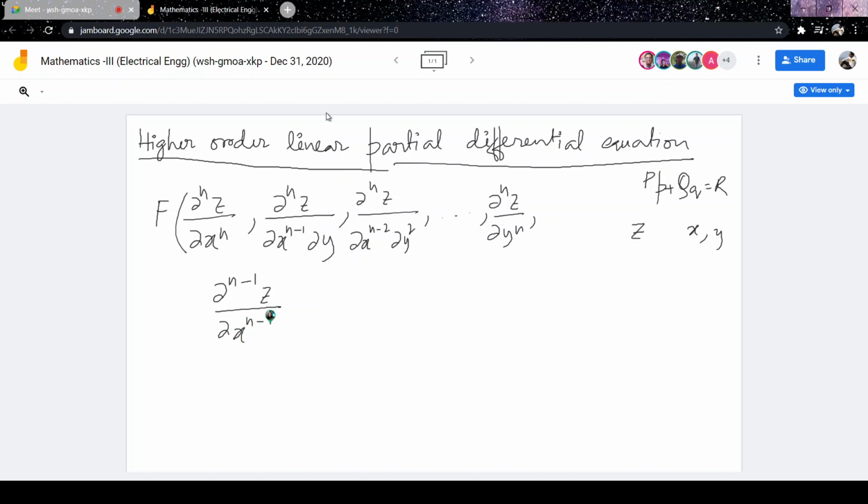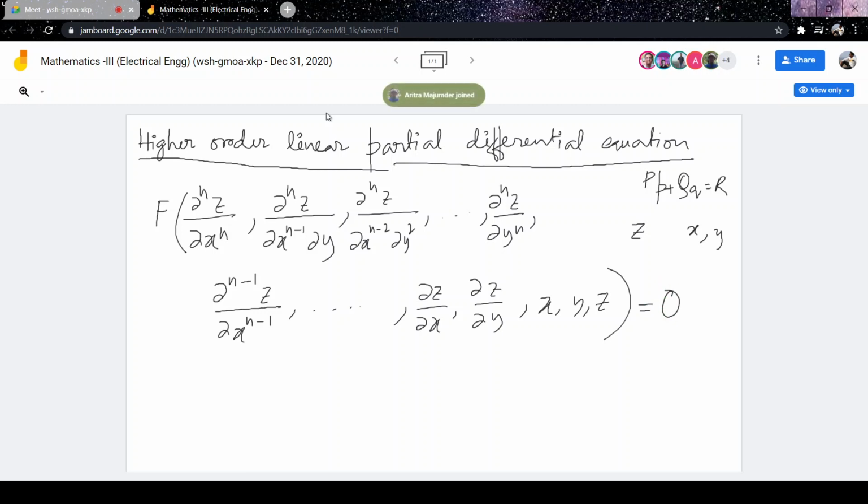All orders of partial differentiation which is possible, we can have all the terms, or maybe some terms won't exist, that is, their coefficient will vanish. That is a general nth order partial differential equation where your dependent variable is z, independent is x and y.